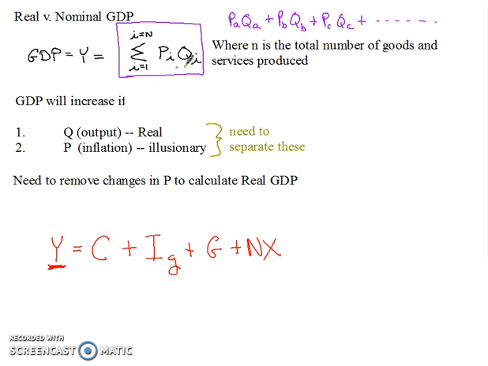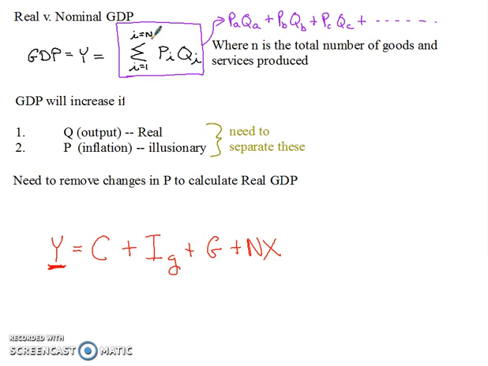This formula just says all of this: for every good, we take the price of apples times the quantity of apples, plus the price of bananas times the quantity of bananas, plus the price of cars times the quantity of cars. And this says that we will sum those up for all goods in society.